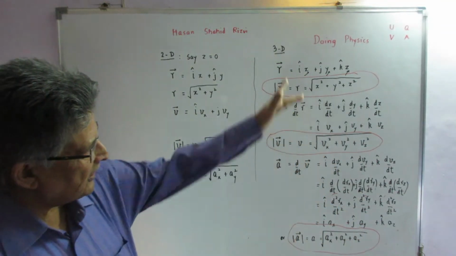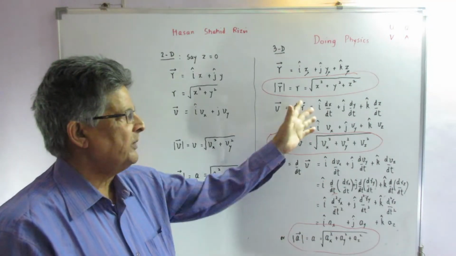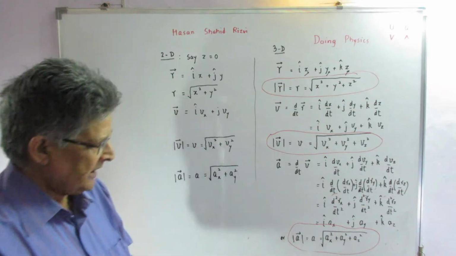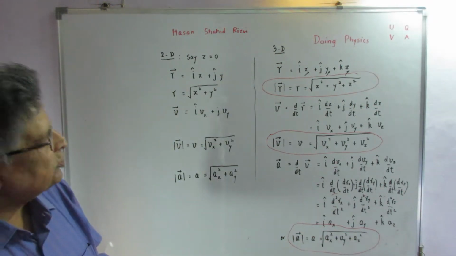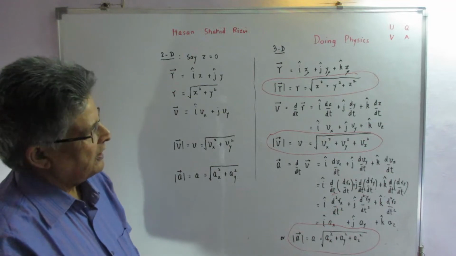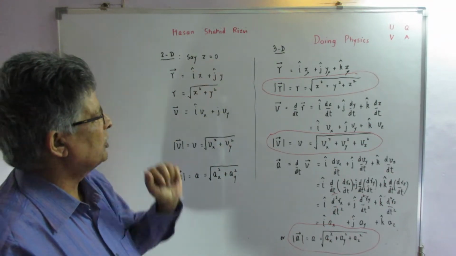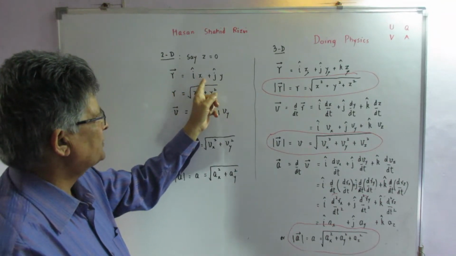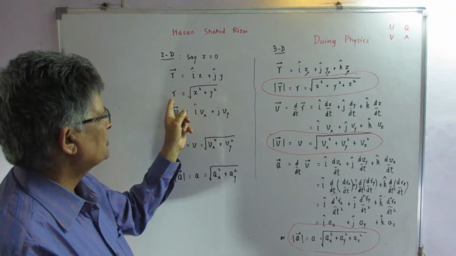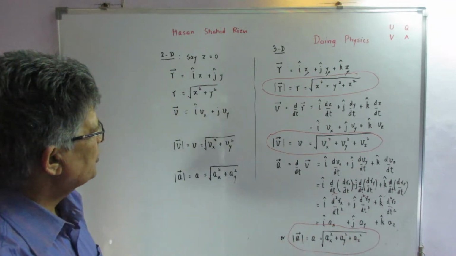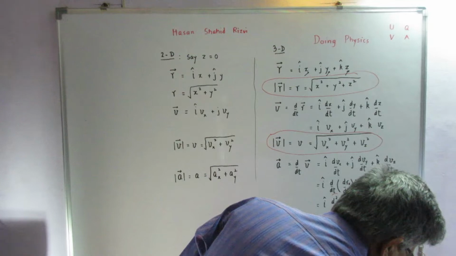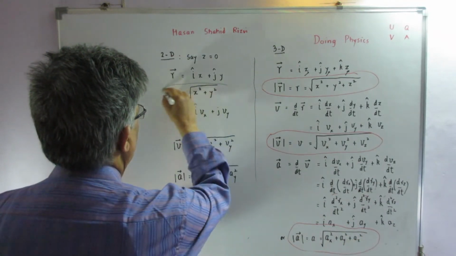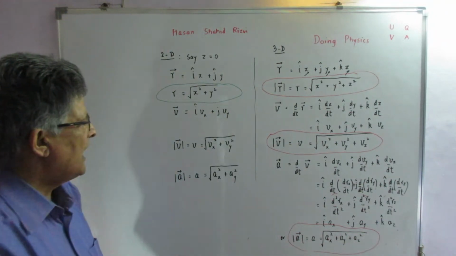Now these are the generalized equations which will be applicable to any situation in a three-dimensional system. And if we want to describe the two-dimensional system, say by choosing my z to be equal to 0 here, so I can write my r as equal to i cap x plus j cap y, so that r becomes equal to x square plus y square under root, where x and y are the x and y components of r.